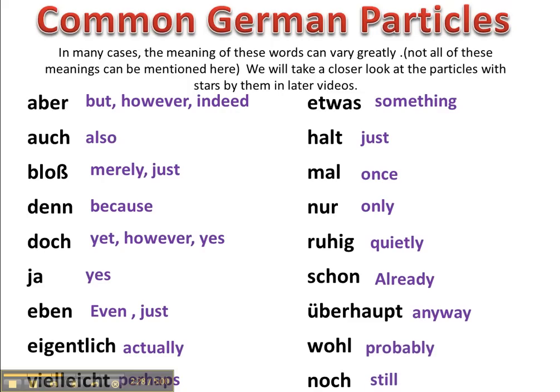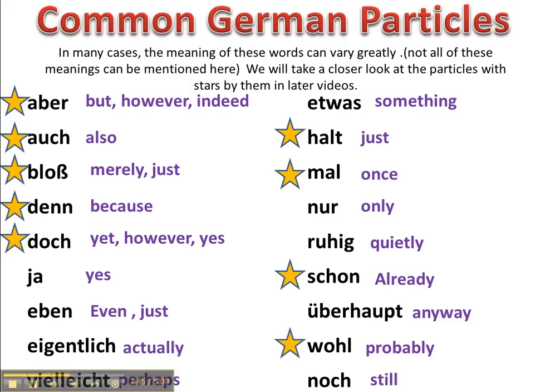And noch, which is still. And again, I caution you, these are just to give you an idea. Once we get into them as the videos go, you'll see that their meanings will vary quite a bit. Okay, so these with stars around them are the ones we're going to concentrate on in our first videos.